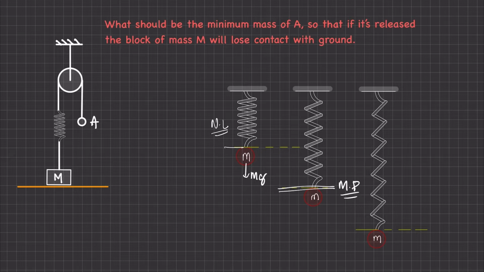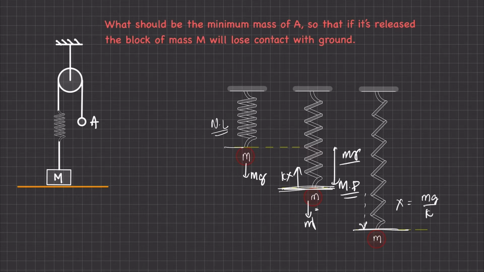In the mean position, mg was balanced by the spring force kx, but because of inertia, the mass did not stop here, right? When the mass stopped, the spring had extended by another x amount, which again equals mg by k. So this extension was mg by k, and this extension was mg by k again.